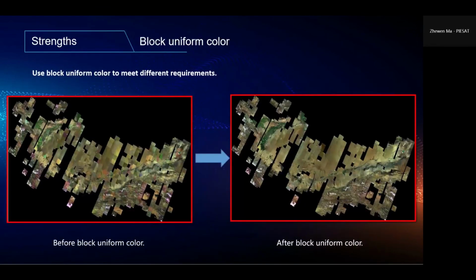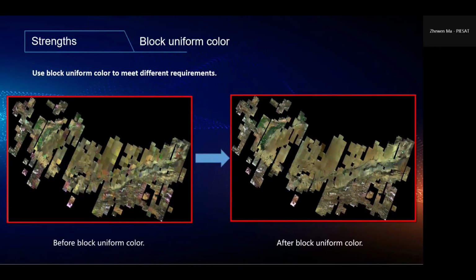Up next is the block uniform color function. After the previous steps with the true color output, the absolute accuracy of the image is normally acceptable already.